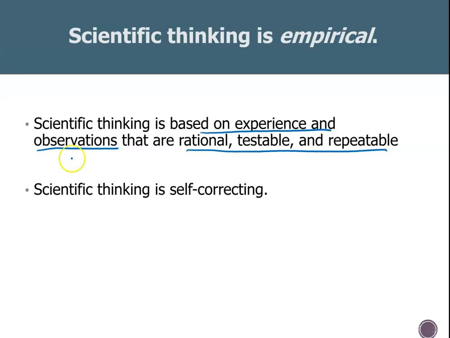So in other words, you are collecting data from a well-designed experiment that you can repeat, and that is based on a set of parameters that allows you to test exactly what you're trying to find. So empirical thinking basically means that you are actually finding a way to test and support your hypothesis.